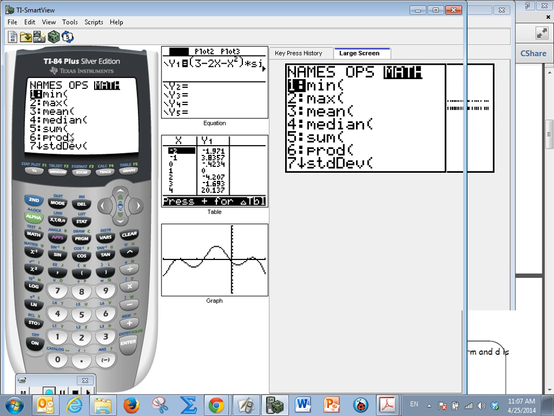Okay, that's what you would have to do in the old operating system. So again, it's under the list menu, and one of them is under ops and one of them is under math. Okay? So you see how the new operating system really saves you time. It really does, because it puts everything in a neat package. All right. Okay, we okay?